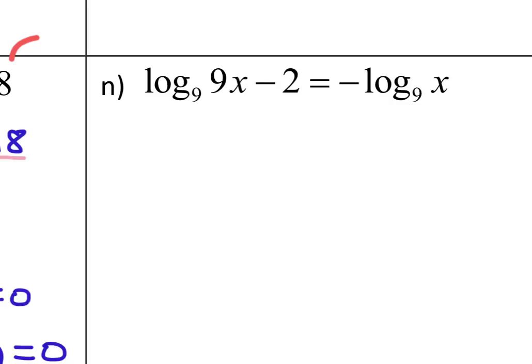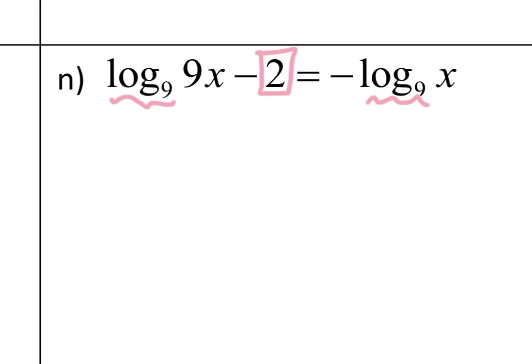Now, there are other ways that you can correctly solve this problem, but what I'm going to choose to do here is using the same concept that we did when we were condensing logarithms using the logarithm properties. I'm going to change this 2 to something that has log base 9 like the other logarithms in the problem. So I know that log base 9 of 81 is equal to 2.